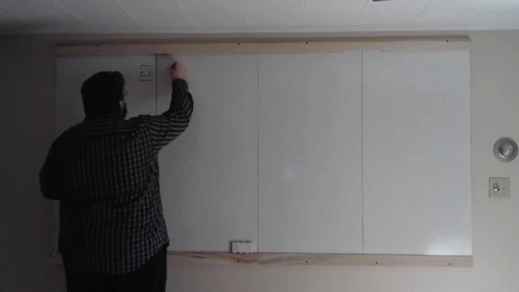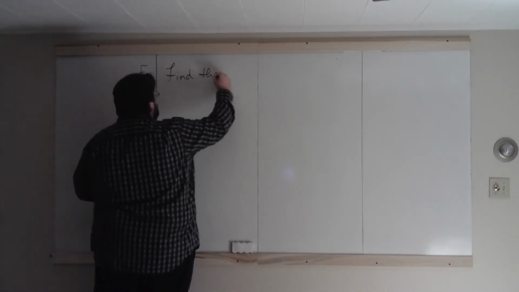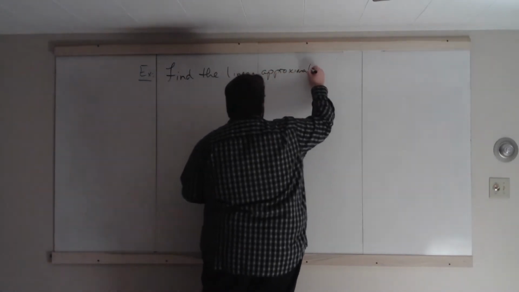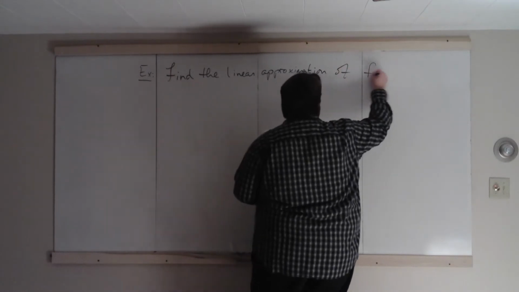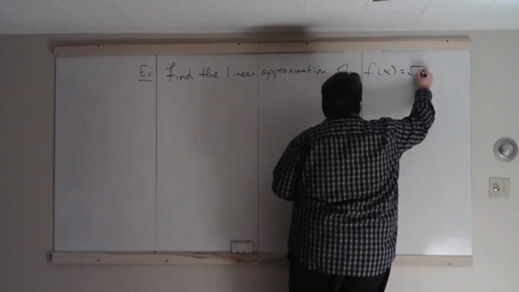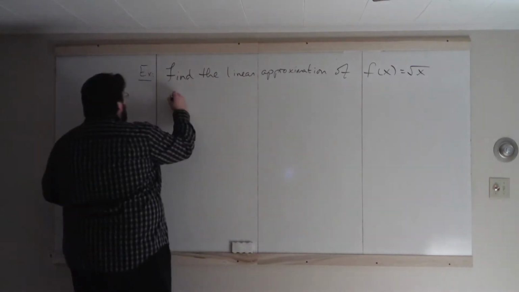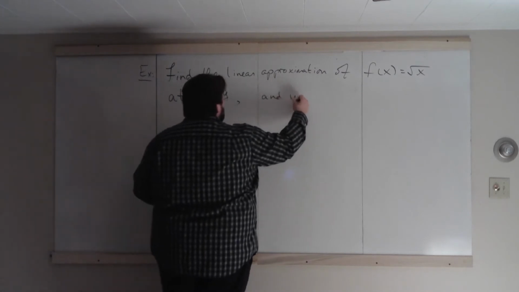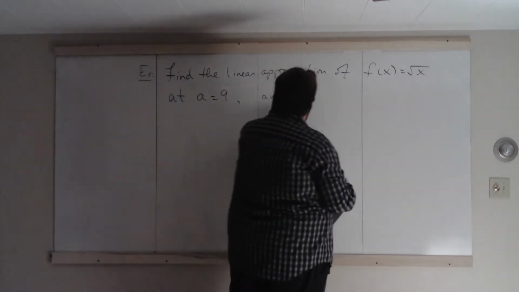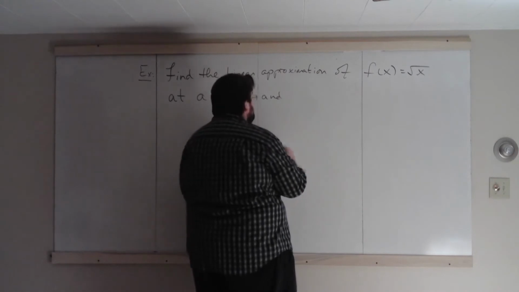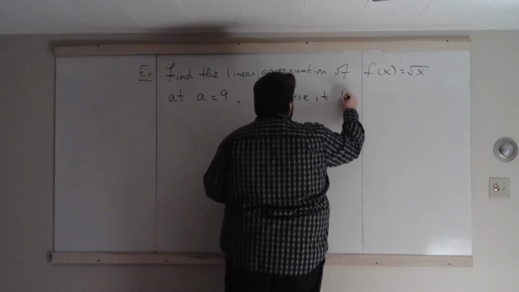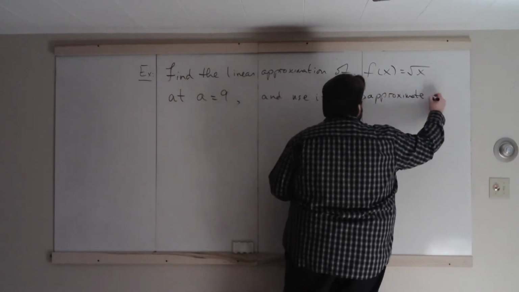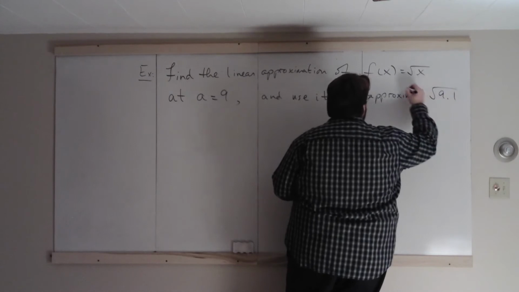Find the linear approximation of this function, square root of x at a equals 9, and use it to approximate the square root of 9.1.